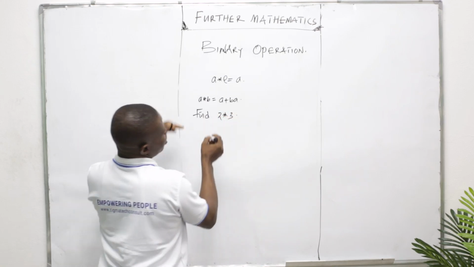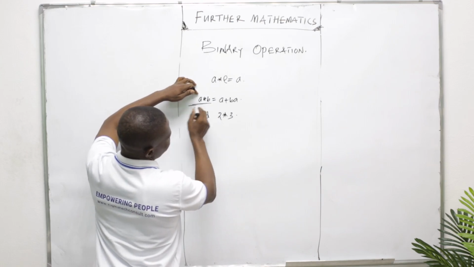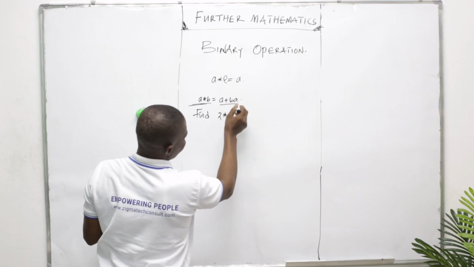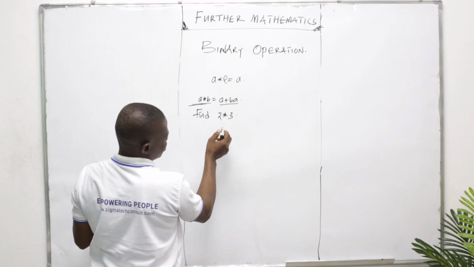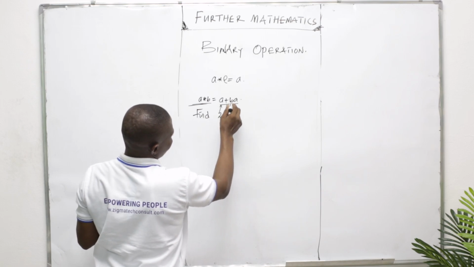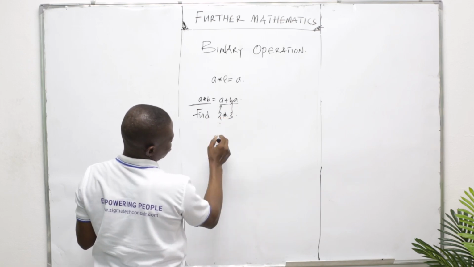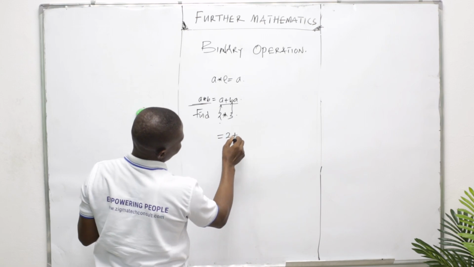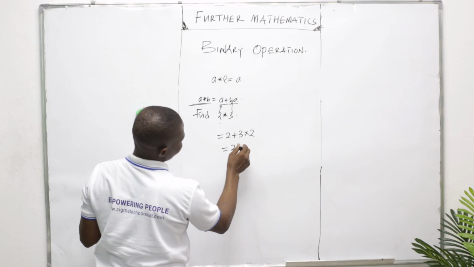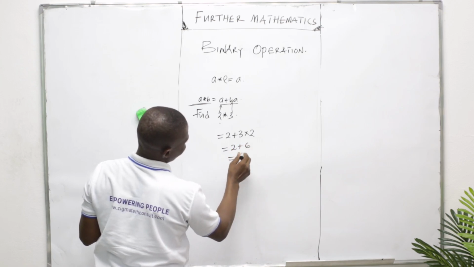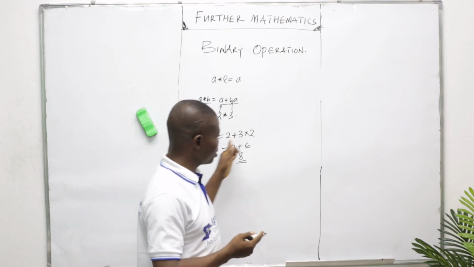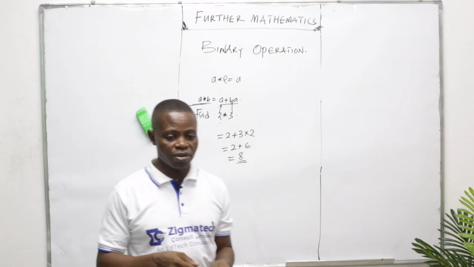This simply means you are not considering this. This is just a guide given to you. The main formula is this. So like I said, the first one is A, while the second one is B. Just substitute. This will give us 2 plus 3 times 2. This will give us 2 plus 6 equals what? 8. Just like we were showing on the table we did before.